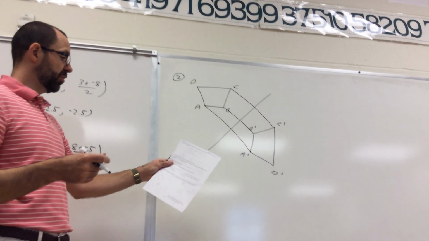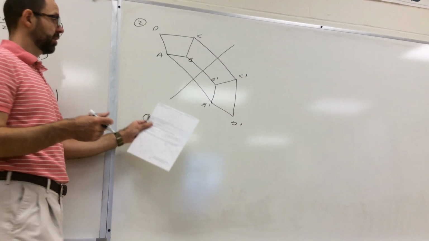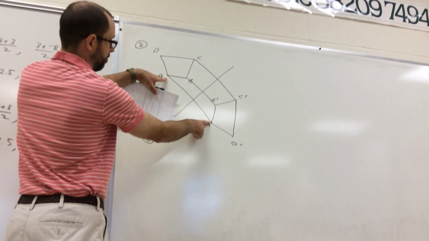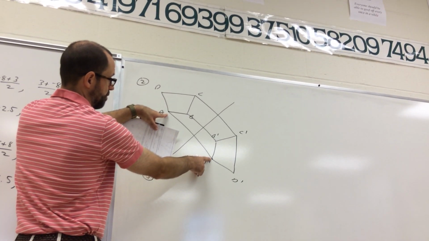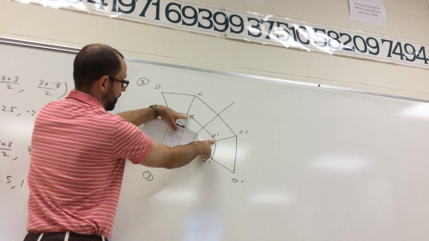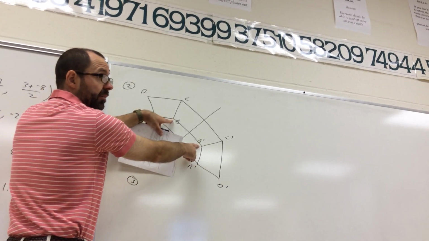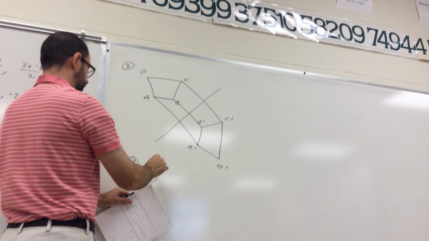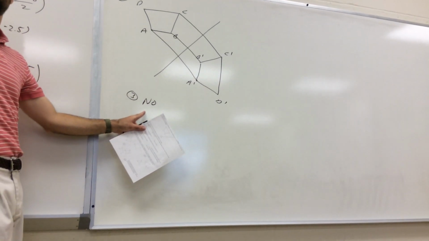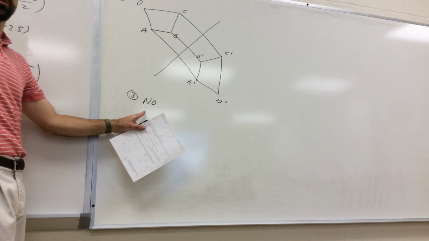Do the points move the same distance? So from A to A prime, did that move the same amount as B to B prime? Clearly not, right? Because this is a lot farther than that. So no, points do not move the same distance in a reflection.